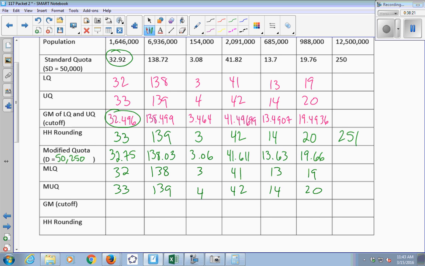So all my lower and upper quotas are the same. None of them have changed, right? So my geometric means should be the same. So rather than put them all in the calculator again, I'm just going to copy them down. 32.496, 138.499. I really hope this divisor works. I don't want to do it again.